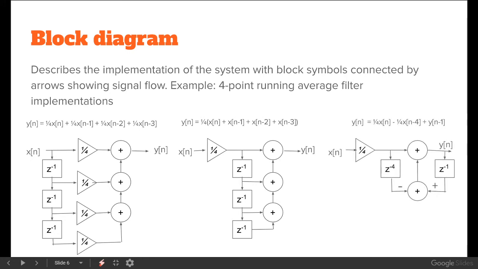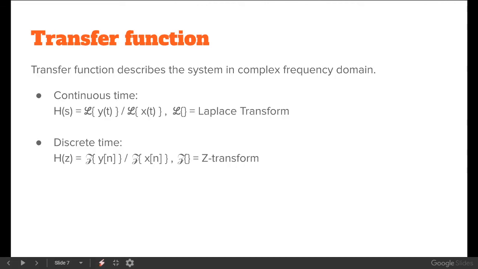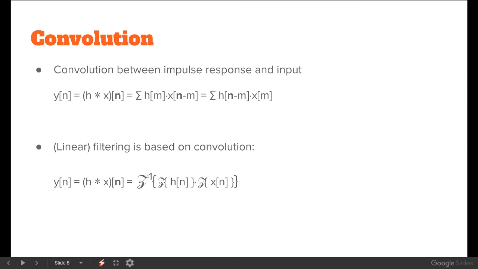Then you can optimize the system for the smallest amount of calculations possible. The transfer function is a system description in the complex frequency domain. And it relates to convolution so that linear convolution is the same thing as multiplying the input z-transform with the system transfer function.